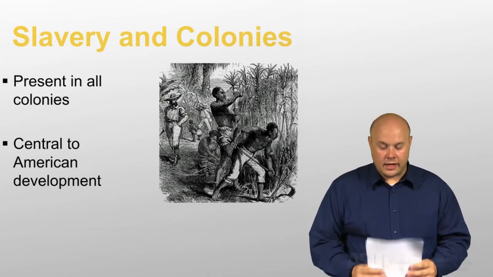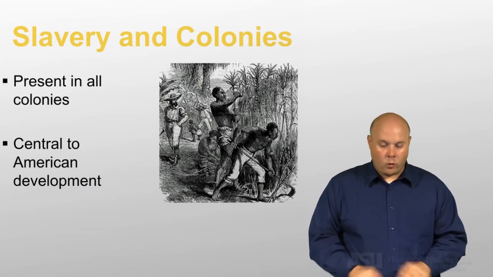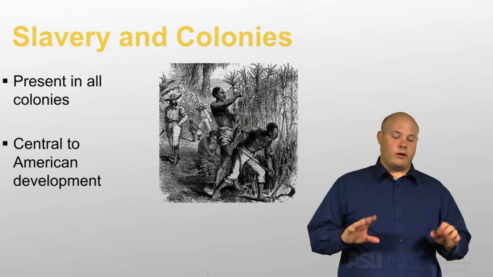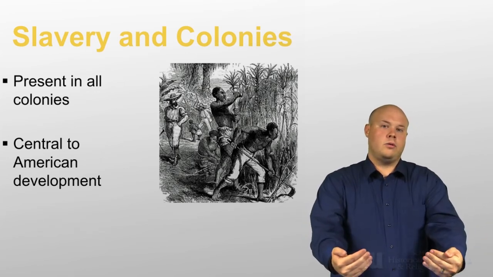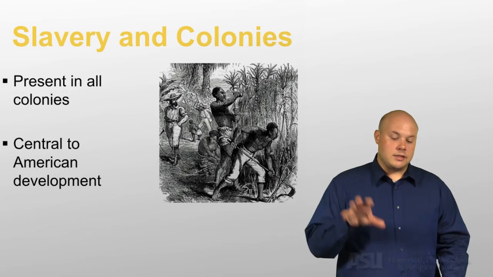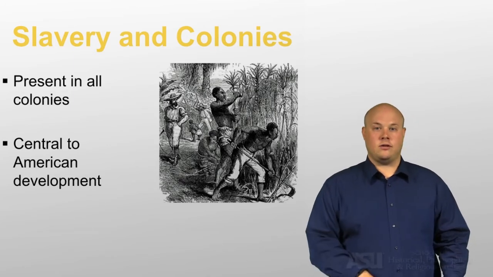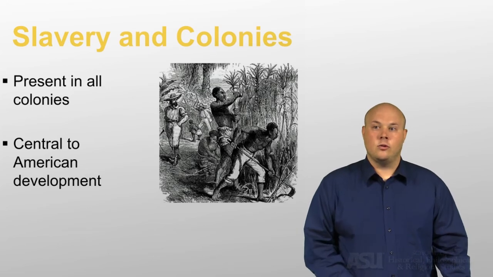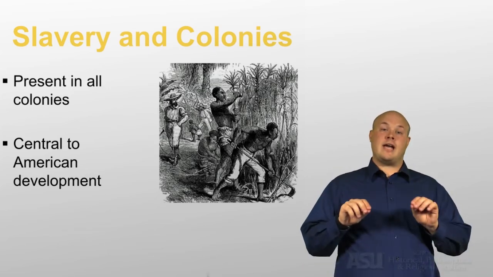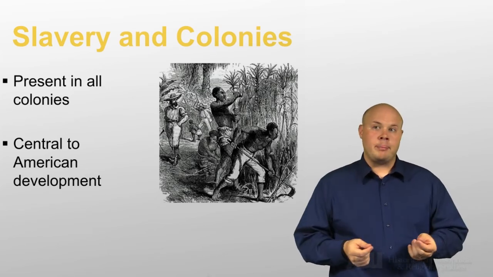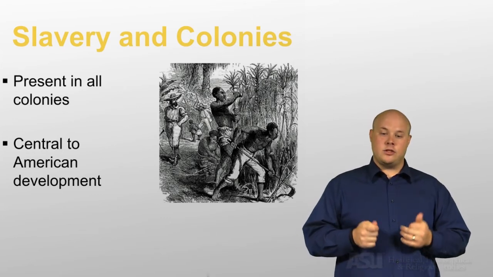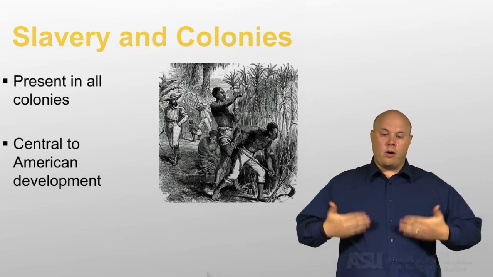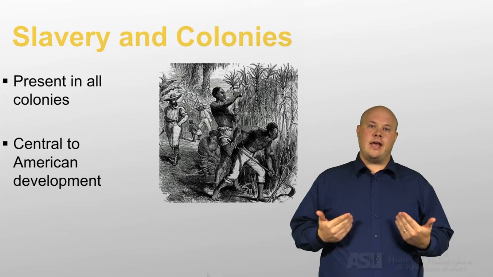So when we look at slavery in North America, particularly when we look at slavery as we move forward into the creation of the United States, slavery is present in every single colony. Georgia is the last colony to legalize slavery. Georgia was actually initially founded as an experiment to help promote work ethic amongst the English.